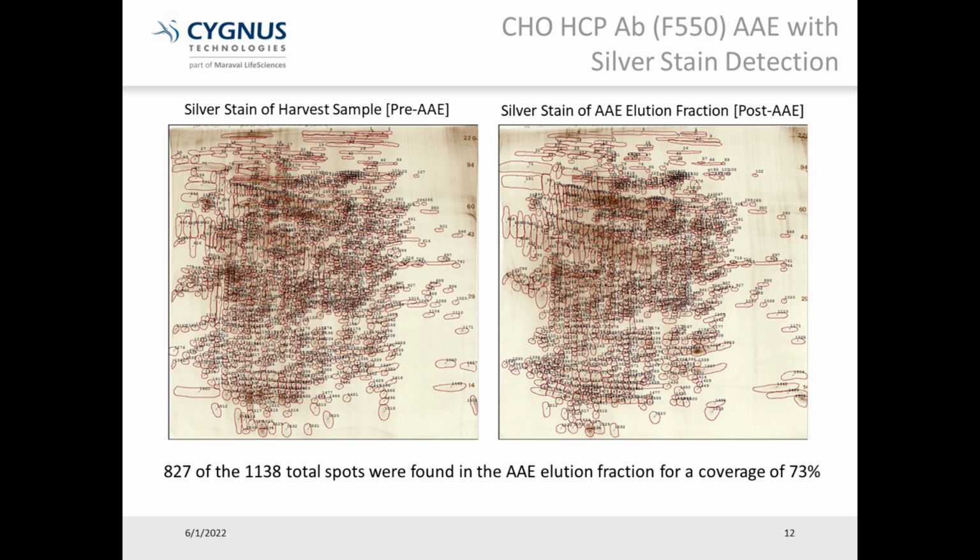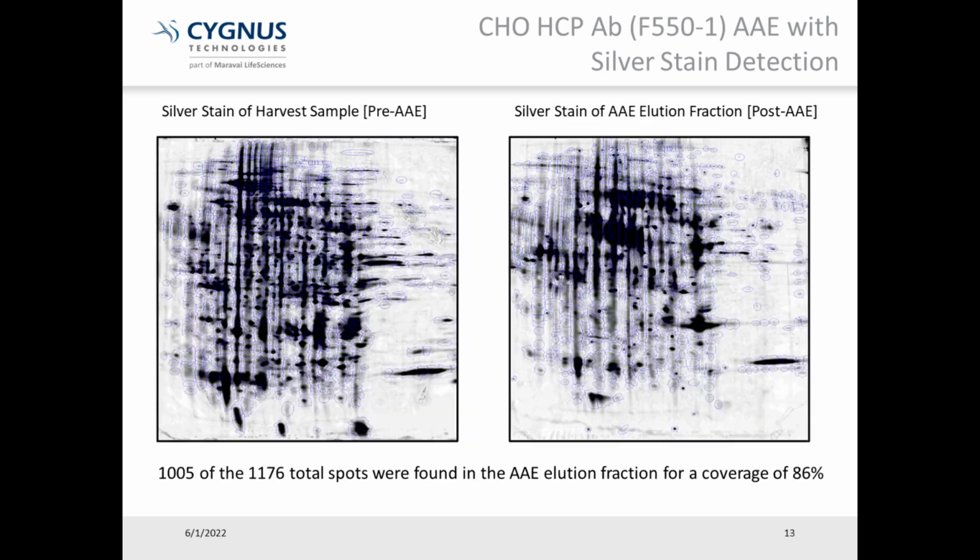And we've shown the specificity of antibody affinity extraction, so you can see here that it has pulled out a lot of host cell proteins, and the images are very similar. So you can already conclude that they are broadly reactive. However, given the limitations of gel-based methods, the coverage still comes out to be 73%.